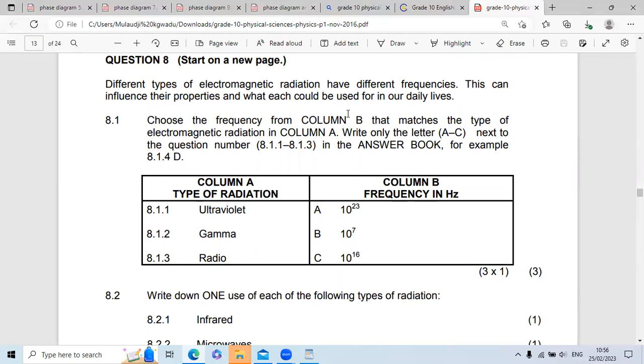So do you remember the table, the previous table that we had? Yeah. So can you try to match these? Let's say which frequency can you match ultraviolet with? You can just say A, B, or C. That's fine.